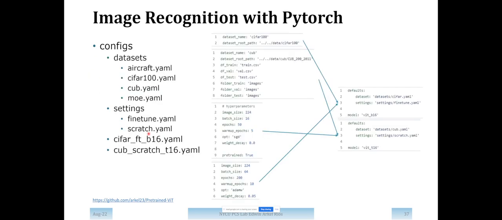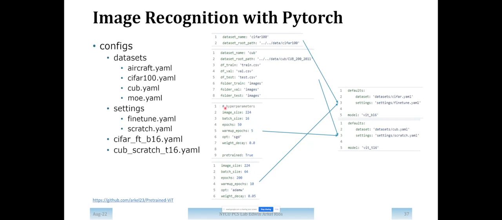About the particular folders, the first one is configs, and I use it to keep track of the experiment settings. For example, the dataset that I'm using for a particular experiment. So for example, this dataset is called CIFAR-100, or this dataset is called CUB, which is about birds.